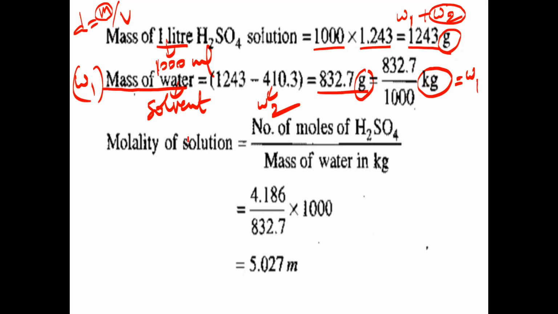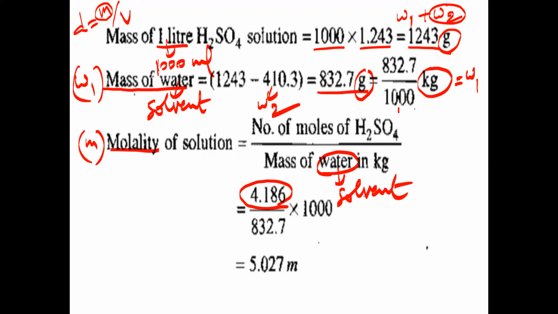Next, the molality, small m, of the solution is equal to the number of moles of H2SO4 divided by the mass of solvent in kilograms. The number of moles we got is 4.186. The mass of water in kg is 832 by 1000, in the denominator.